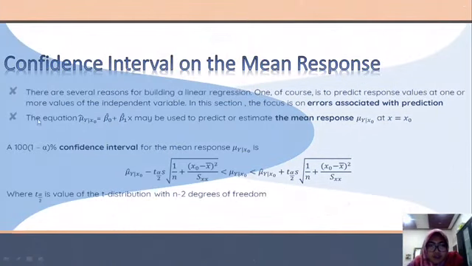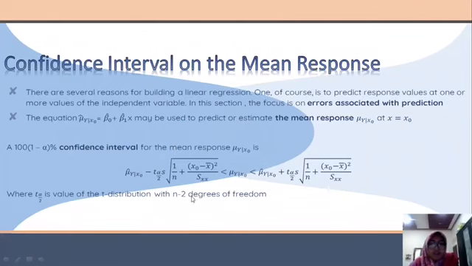And if the equation is like this, it may be used to predict or estimate the mean response at x equals x0. So we can find the confidence interval for the mean response by using this formula.